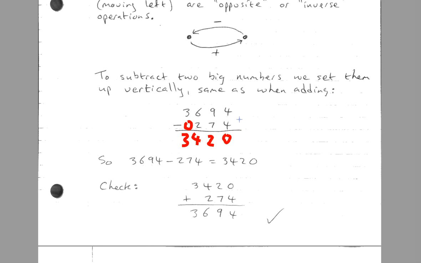So you can check any subtraction with an addition. We started with 3694, we subtracted 274. If we add that 274 back on, we should get back to 3694. So we went around in a circle.